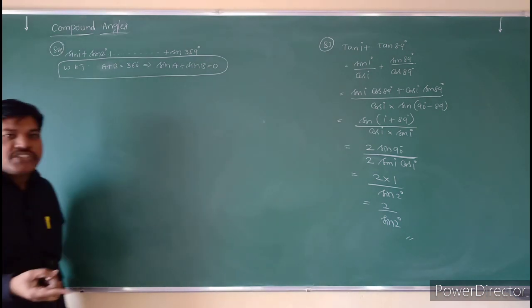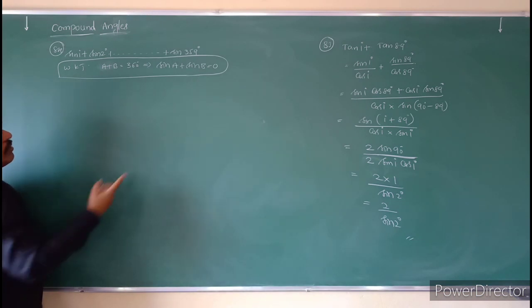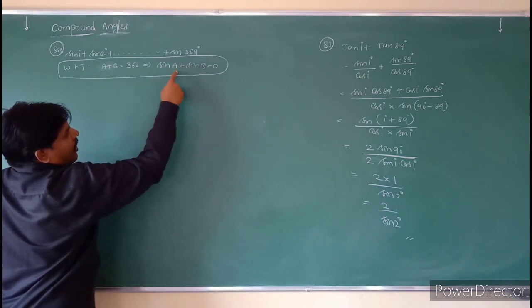Why? Because b can be written as 360 minus a, so sin b will become minus sin a.